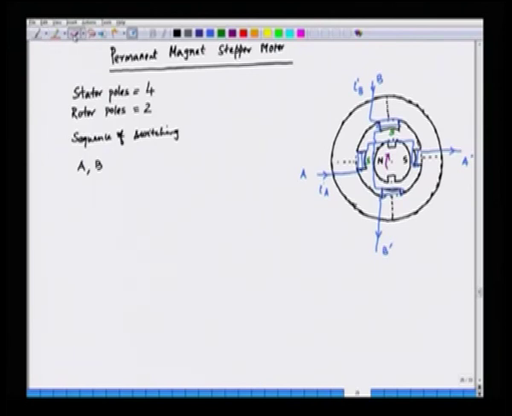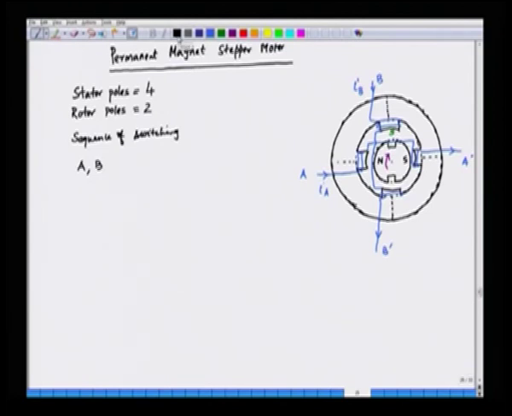Phase A is now de-energized. This is the stator pole here, and we have the phase B connection, and this is the south pole, and hence the rotor will be rotating by 90 degrees in the clockwise direction.